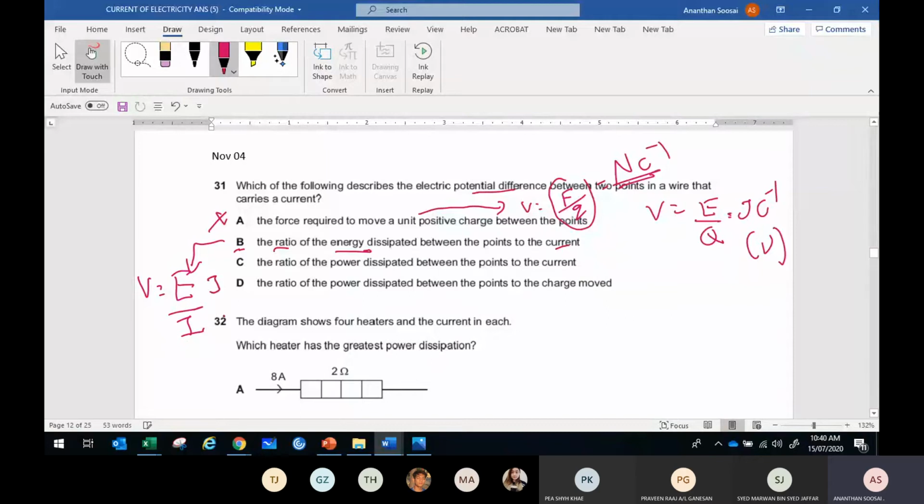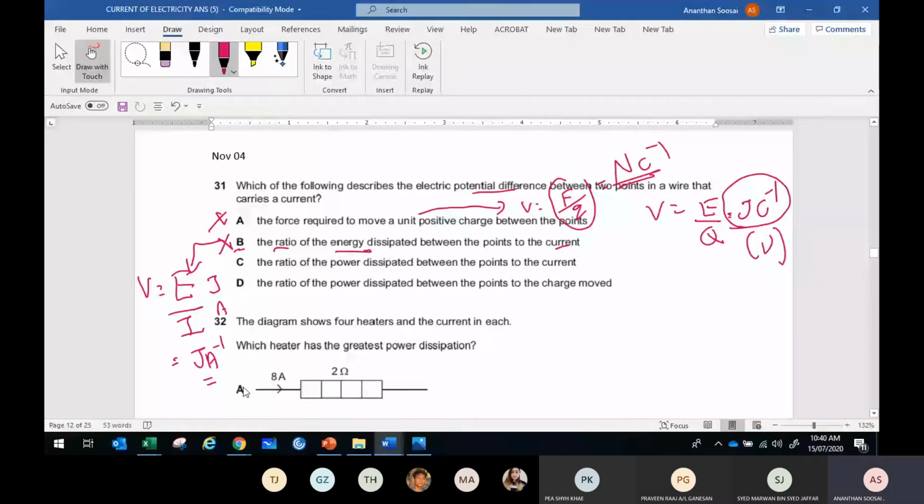Energy is joule, current is ampere. So the unit for this formula is joule per ampere. But the voltage should be joule per coulomb. So on the basis of homogeneity, the unit cannot be joule per ampere for volt. So B cannot be the answer.